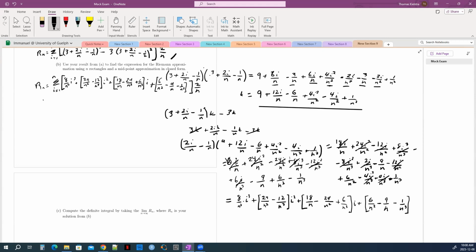So our next step is to expand all of this so we get a sum of i cubed, a sum of i squared, a sum of i and a sum of numbers. So this is going to equal 8 over n cubed sum. Oh, we've got to multiply this entire thing by 2 over n.